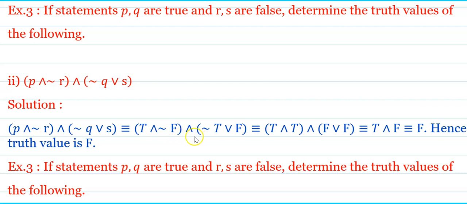Negation of F, and negation of Q, negation of T, or S is again F. T and negation of F. Negation of F means again it is T. T and T, we get T here. Next, negation of T means what? F. F or F is F. T and F, then we will get F and hence the truth value is F overall.